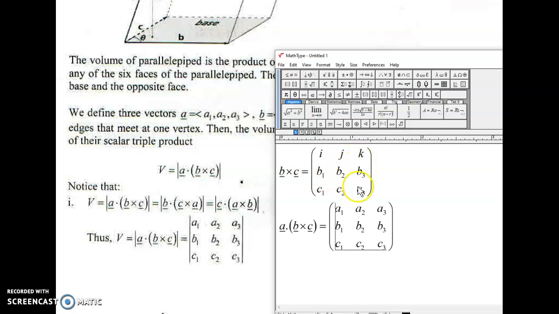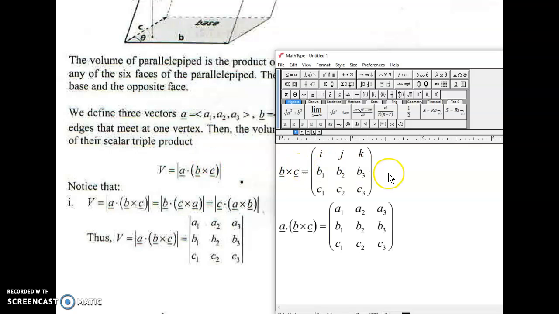So for this one, that is what actually happens. We had to multiply a1 with this operation, a2 with this operation, and a3 with this operation. Hence, they are the same thing. After we obtain the new vector, next is to find the magnitude.